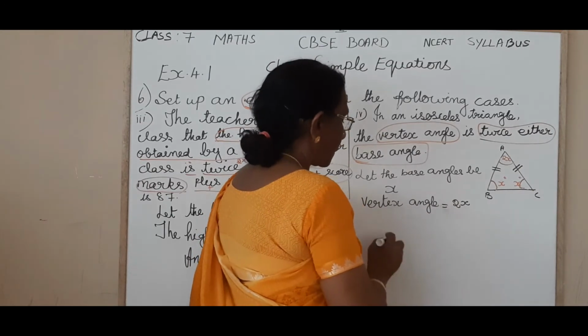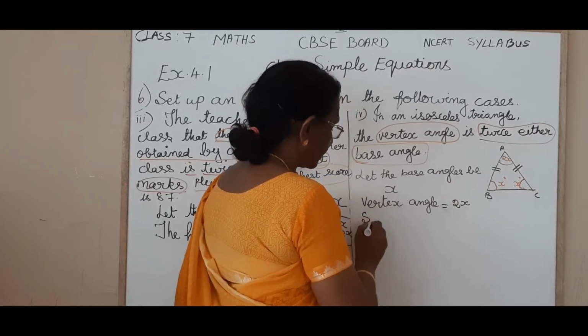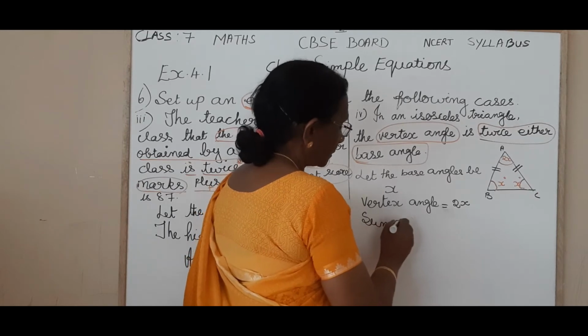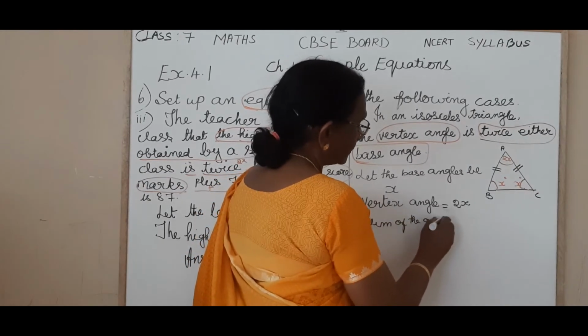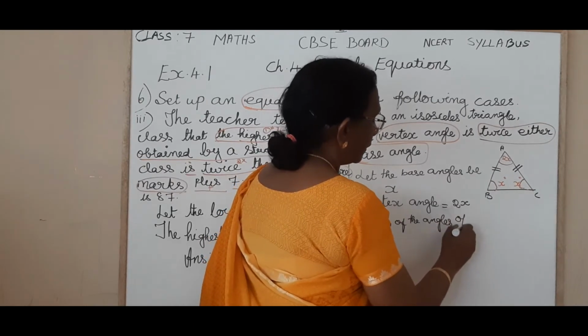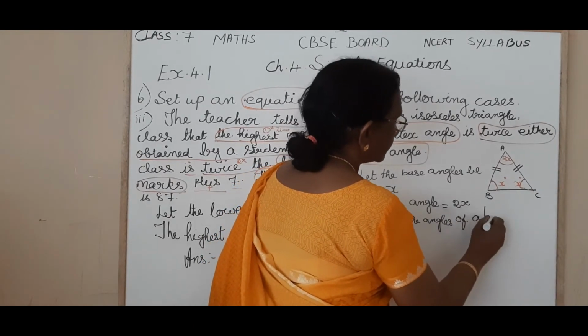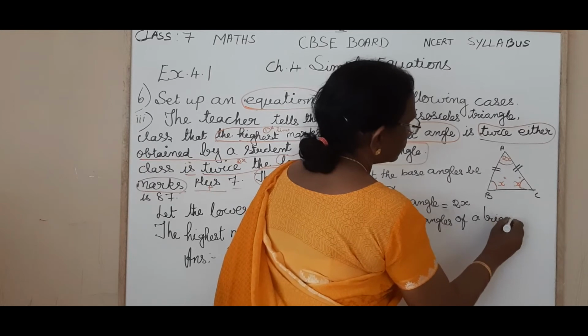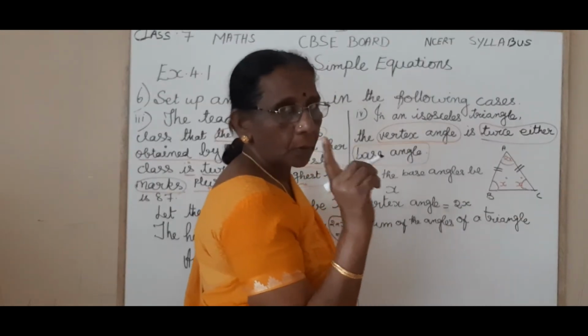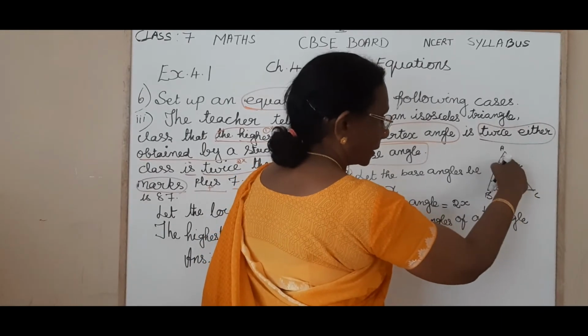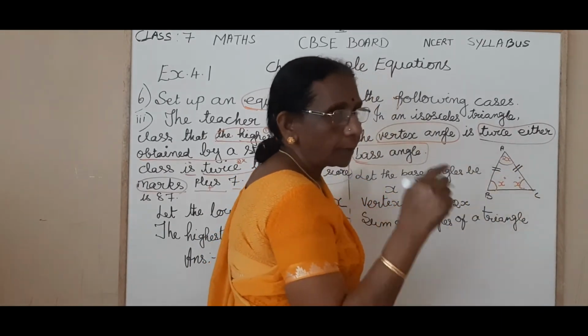Okay, now what is the sum of the angles of a triangle? You can write it in two ways: one with the algebraic expression with the unknown quantities, one with the sum.